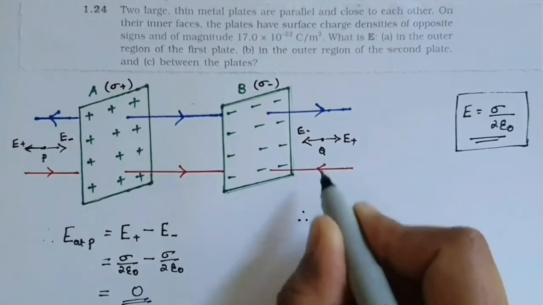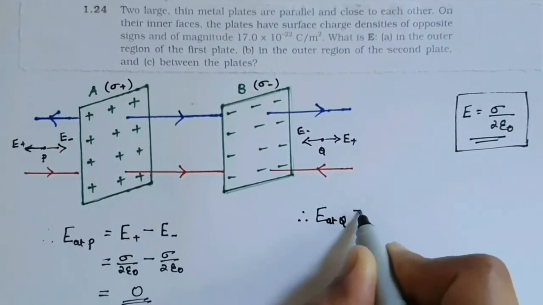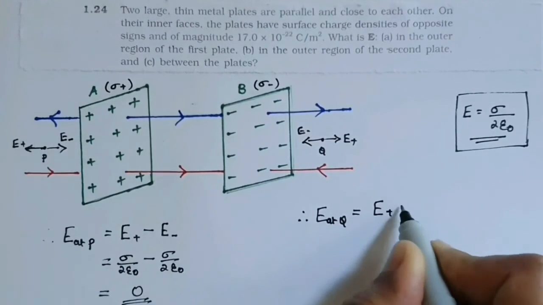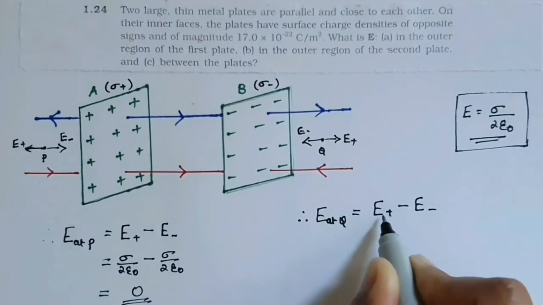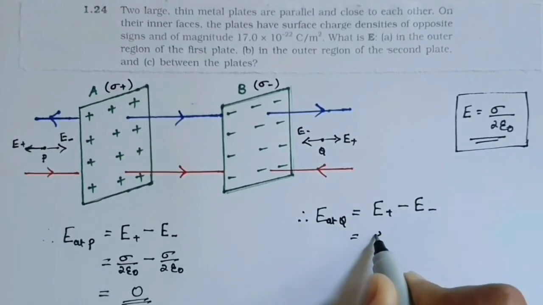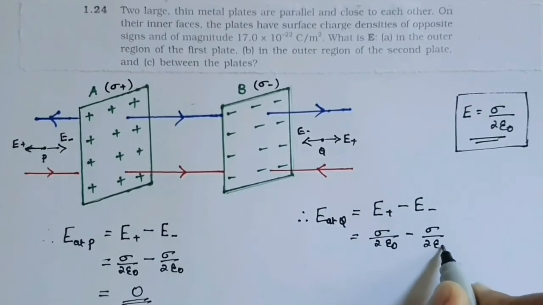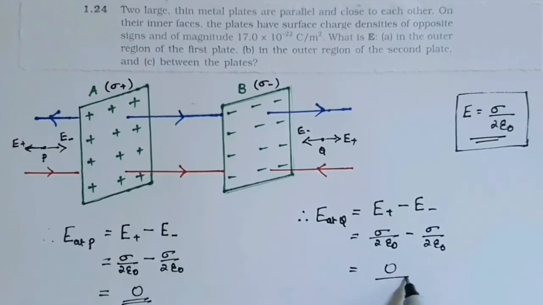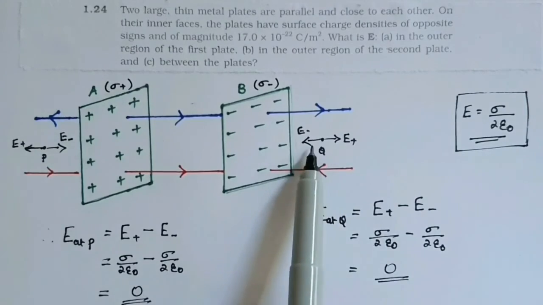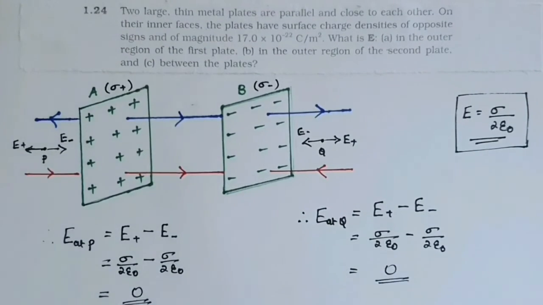Therefore, the net electric field at Q is equal to E plus minus E minus, because they are acting in opposite directions. This is equal to sigma by 2 epsilon 0 minus sigma by 2 epsilon 0, which is equal to 0. Therefore, the net electric field outside plate B is equal to 0.